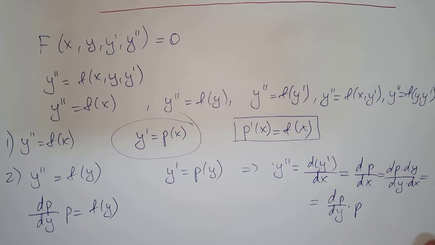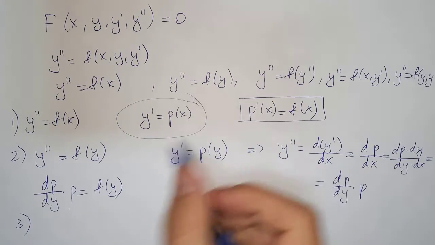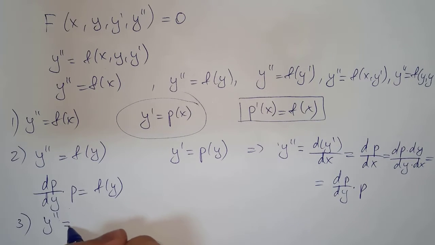So case number 3, the third case, is y double prime is f of y prime.